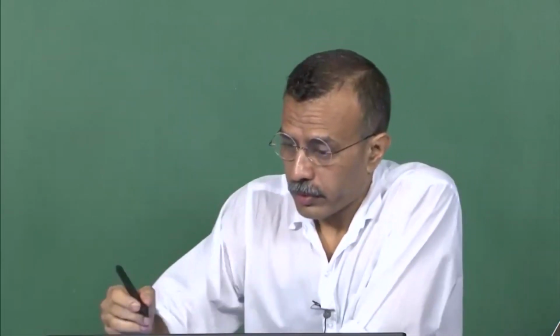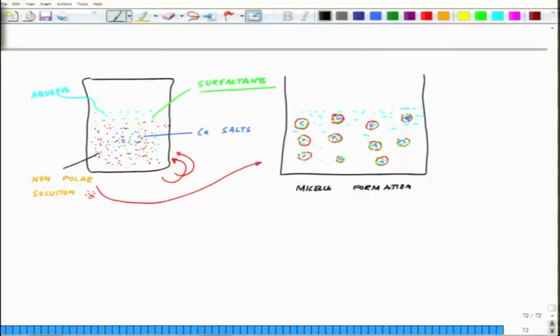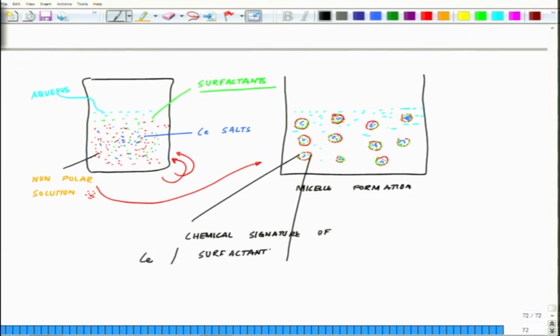So, if you analyze this one using XPS, X-ray photoelectron spectroscopy, you will see the chemical signature of cerium, of whatever surfactant molecule you are using, and of the nonpolar solvent.